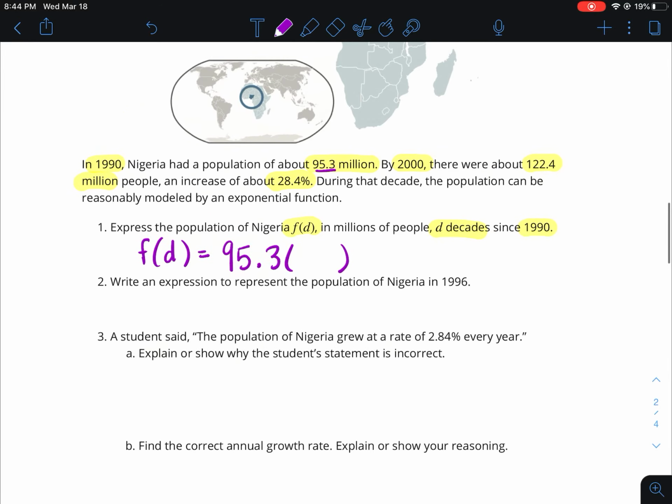Okay. Just like we learned before we went on our little break, exponentials are a times b to the power of x, where this is your initial value and this is your multiplier. Since we are working with a percent increase, this 28.4%, you're going to add that to 100% because it's increasing by that amount.